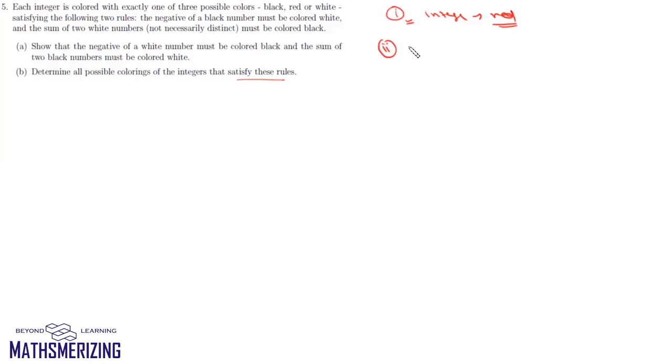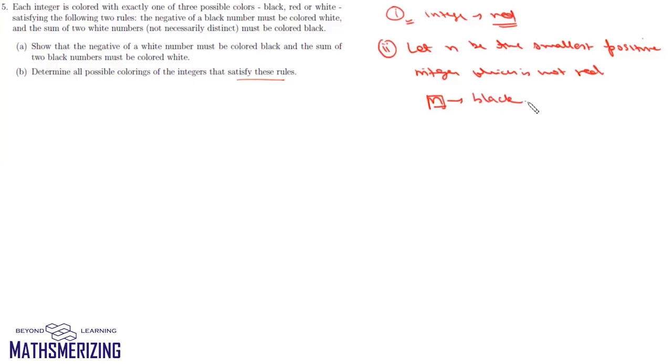So we'll assume that n is the smallest positive integer which is not red, say which is black. So we'll consider the case when we have taken this n to be the smallest positive number which is black.